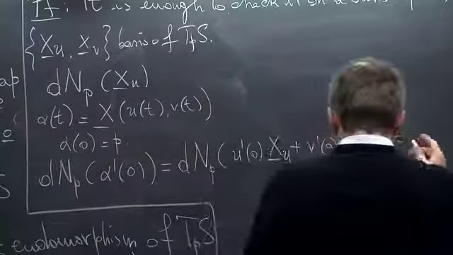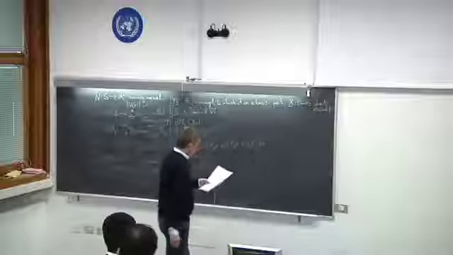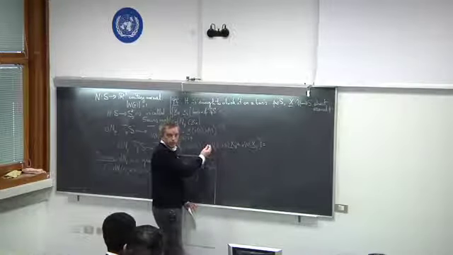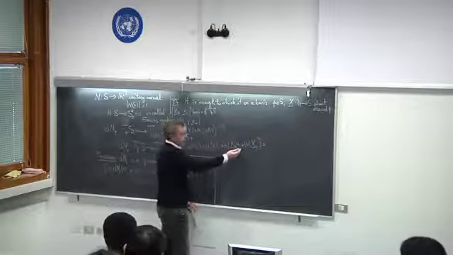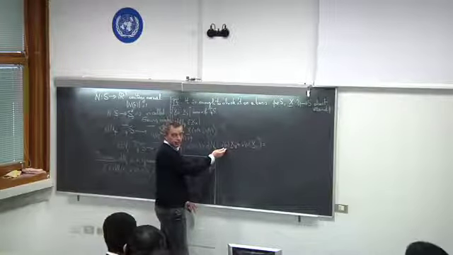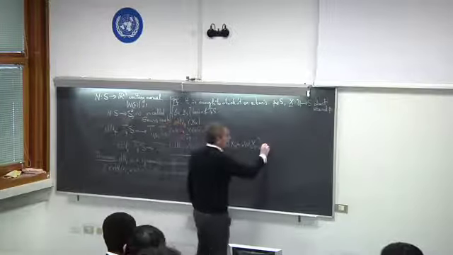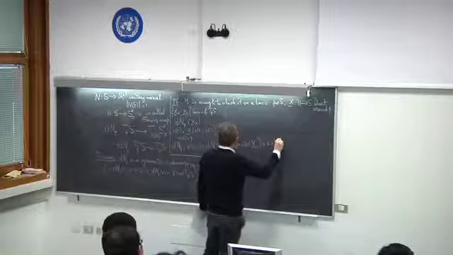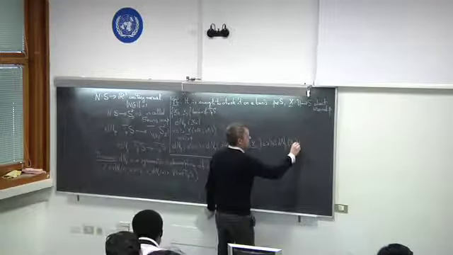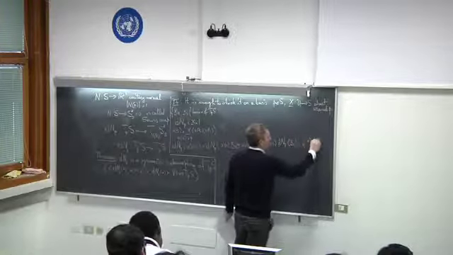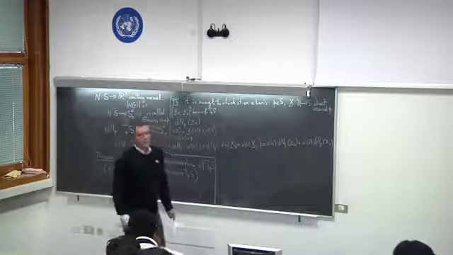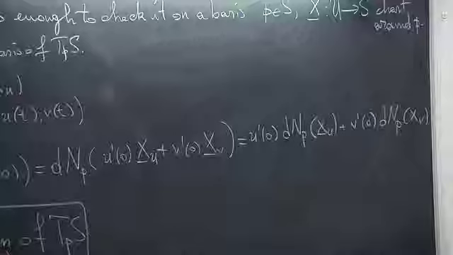Now, this is equal to, by linearity, the differential is always a linear map, so this sum splits as the sum of the images, and these are scalars, numbers, so they go out. So this is u prime 0 dNP xu plus v prime 0 dNP xv. Now, how do I get xu and xv?